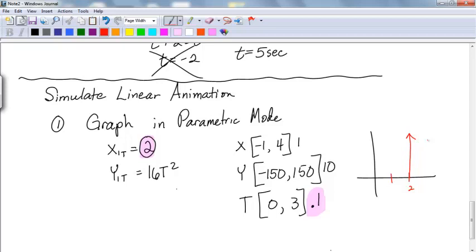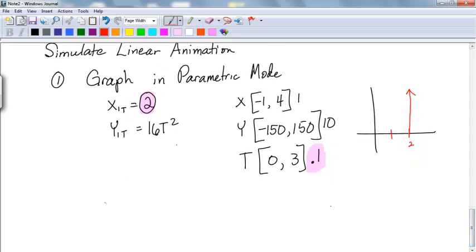Yes, insert a negative in front of the 16. So do an insert and put a negative here, and then it should go down. So if x sub 1t is still 2 and y sub 1t is negative 16t squared, then that's going to show the motion going down. Okay, so that's just simulating some linear motion.